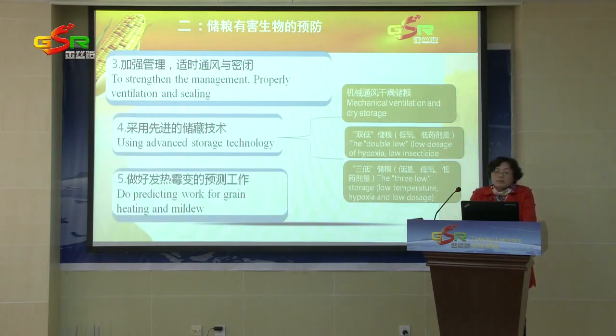And we know sometimes if we don't want to pollute the greens more, we must do protective work for the greens against heating and molds. That means before the greens are polluted, we must do the protective work against heating and mold.